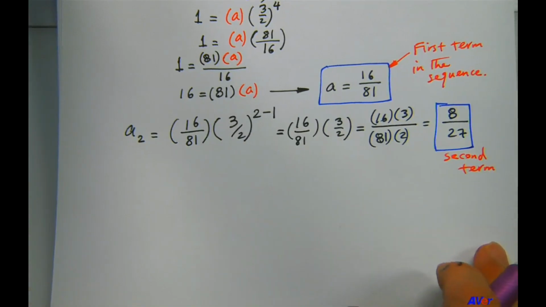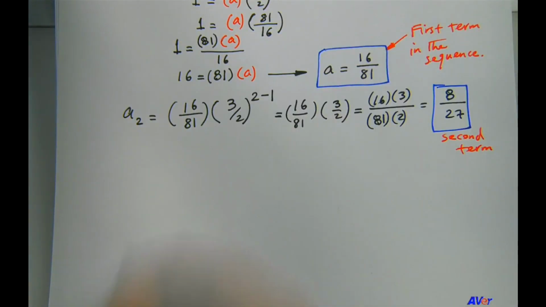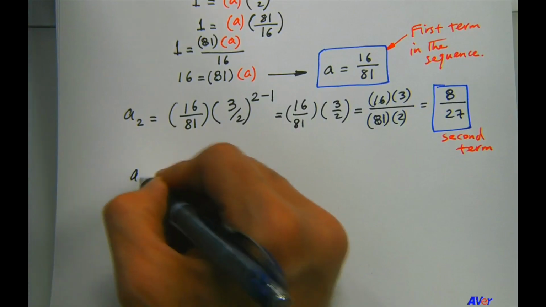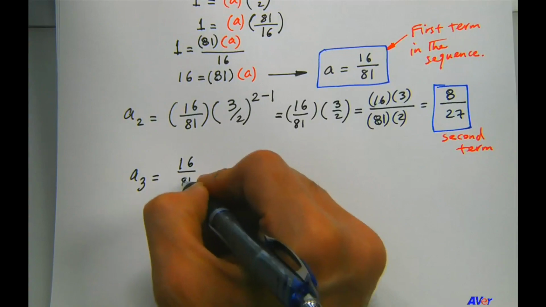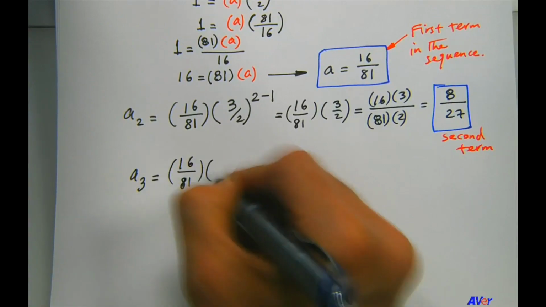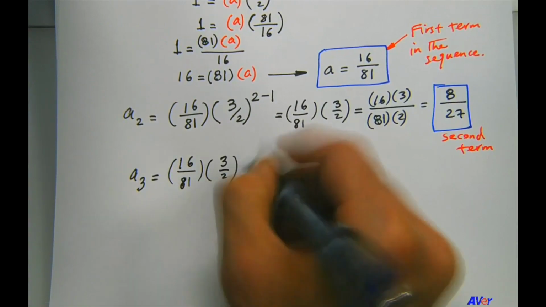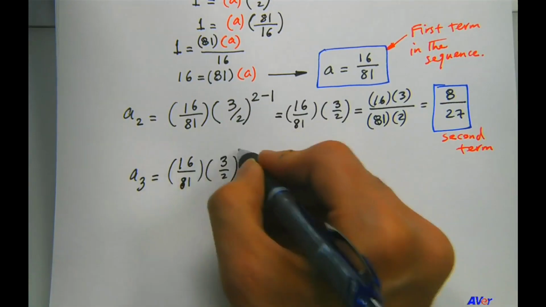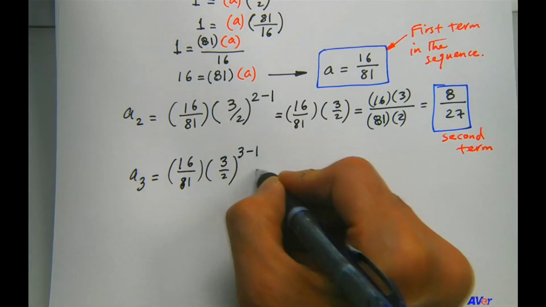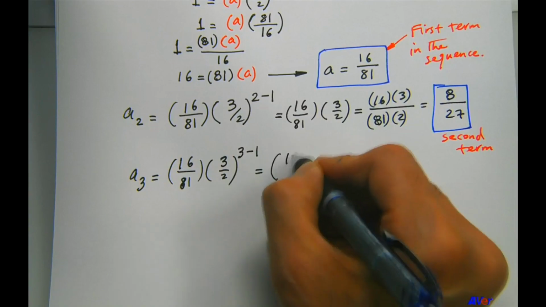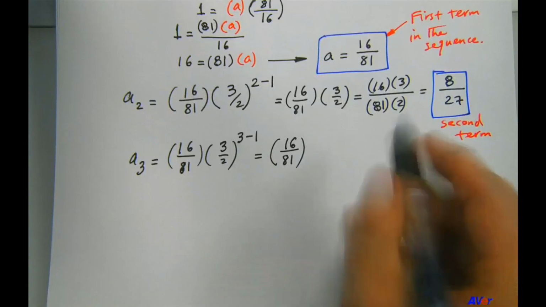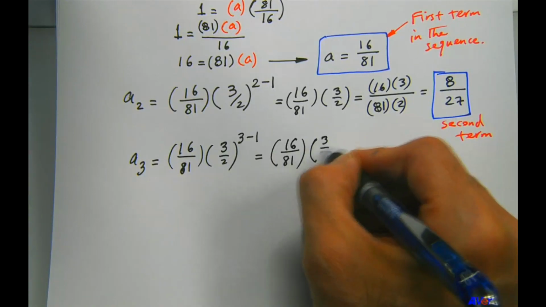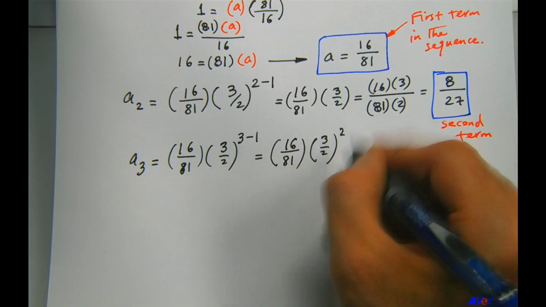And then we have one more term to calculate, right? So that would be A3 equals 16 over 81 times 3/2 to, this is the third term, so 3 minus 1. Okay, so we have 16 over 81 times 3/2 squared.